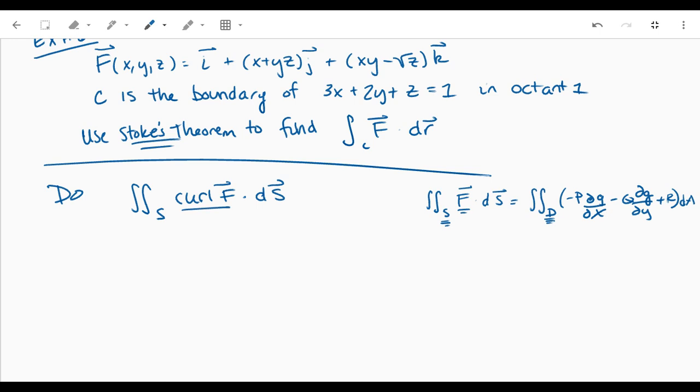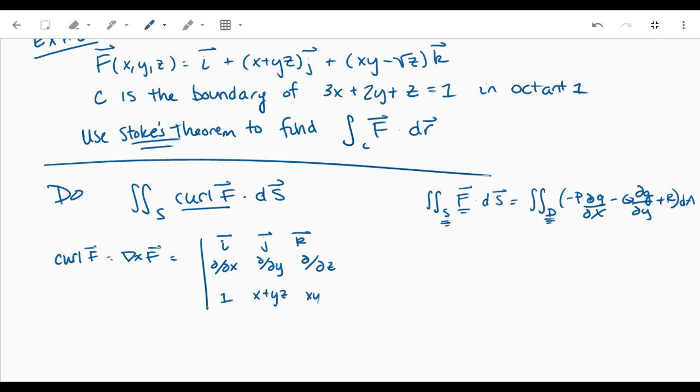So the first thing we're going to do is find the curl of f, which is del cross f. So we've got our cross product i, j, k, and then d/dx, d/dy, d/dz, there's your del operator, and then f is 1, x plus y, z, xy minus square root z.